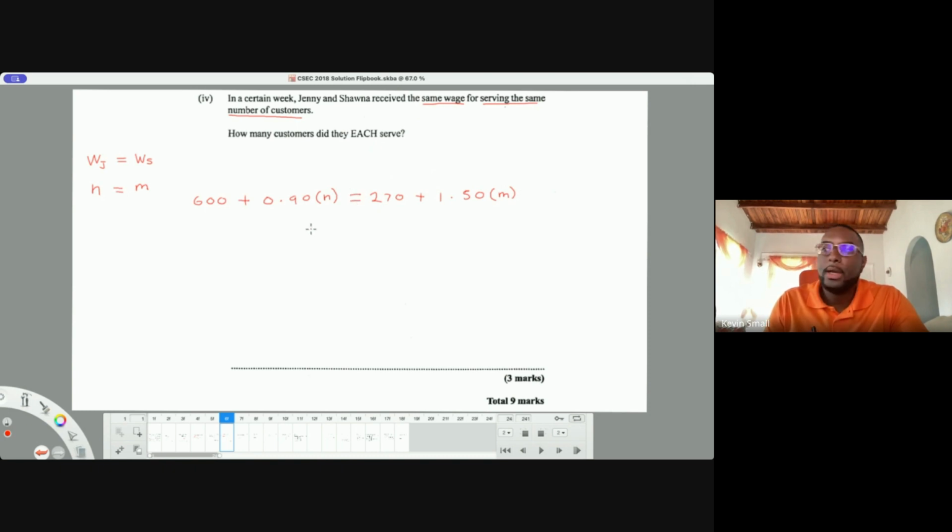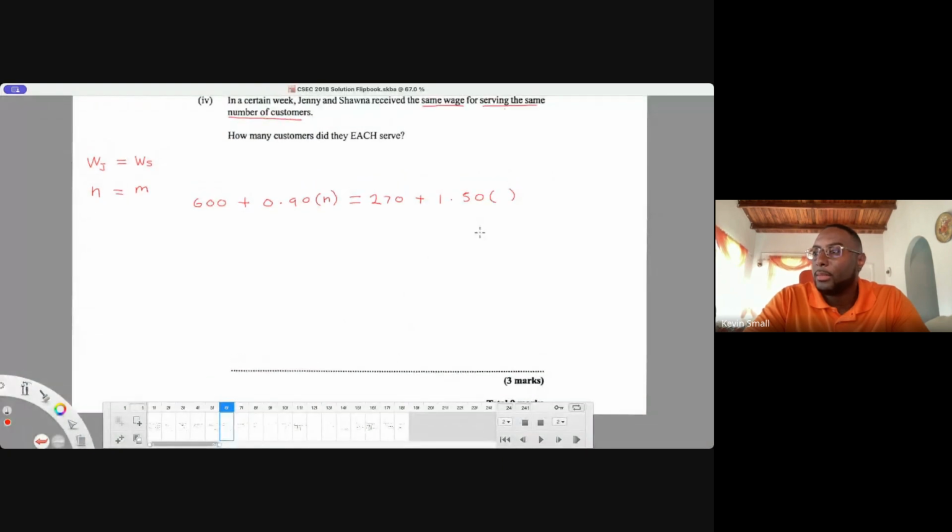But the two of these are equal, and M and N are the same thing, so I don't have to have two different variables. I could decide to just call them N, because N represents customers too. So I am equating both of them together. So that is N.